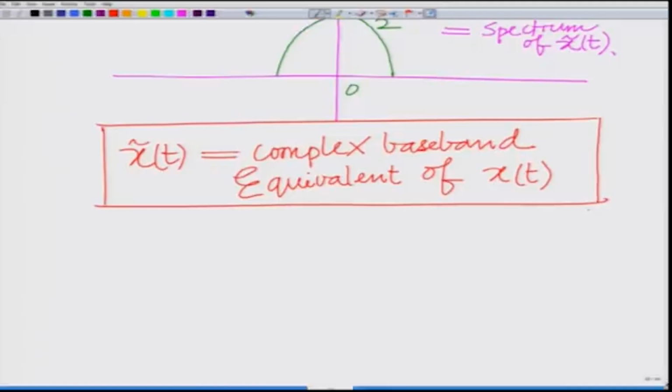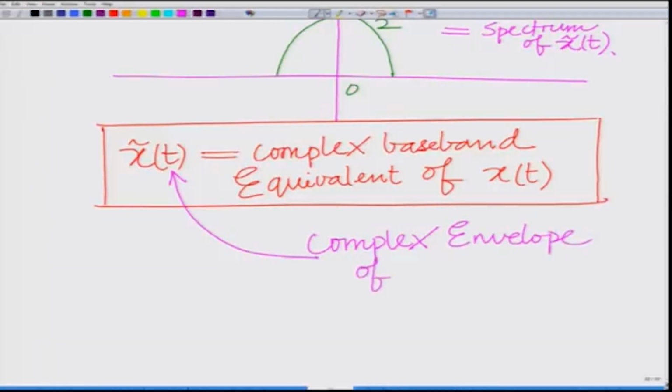Further, also note that this x tilde t is also known as the complex envelope of x t. It is a complex baseband equivalent. It is also known as the complex envelope of x t. This is also another term. So, we have seen the complex pre-envelope, that is x t plus j times x hat of t.